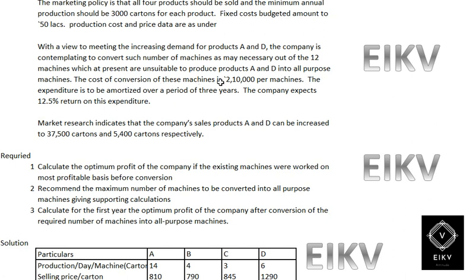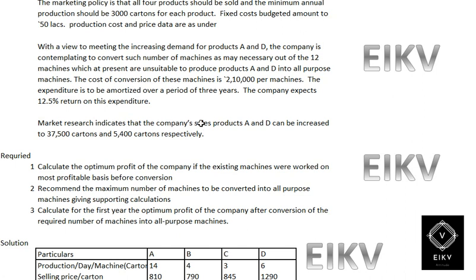The cost of conversion is 2,10,000 per machine. The expenditure is to be amortized over a period of 3 years. The company expects a 12.5% return on the expenditure.